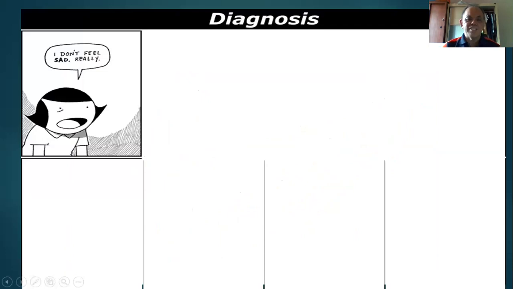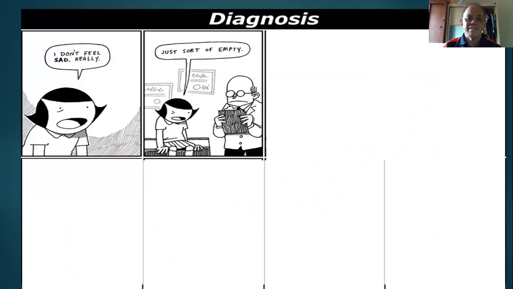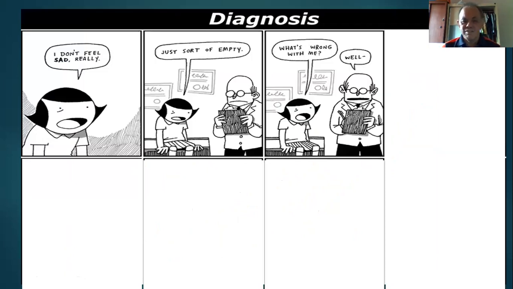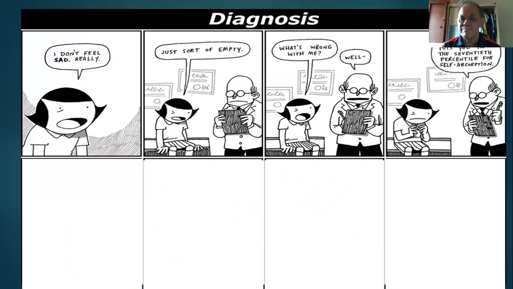Right? Traditional diagnosis, you see a doctor: I don't feel sad, really. You have to tell the doctor what is happening. Just sort of empty. And the doctor will probably listen to you. What's wrong with me? Well, the doctor will say, your me count puts you in the 17th percentile for self-absorption.